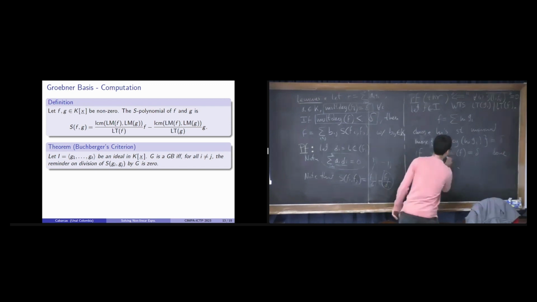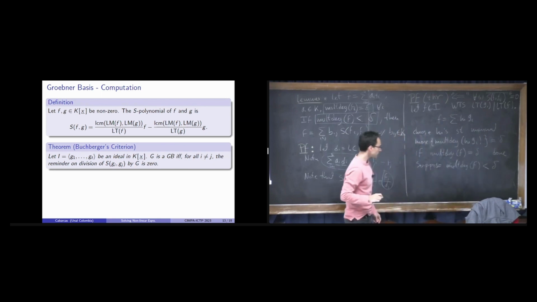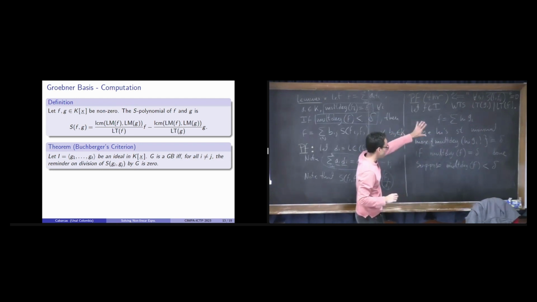It is the other way, that the multi-degree of F is strictly less than delta. So there's some cancellation happening among the H_i G_i.